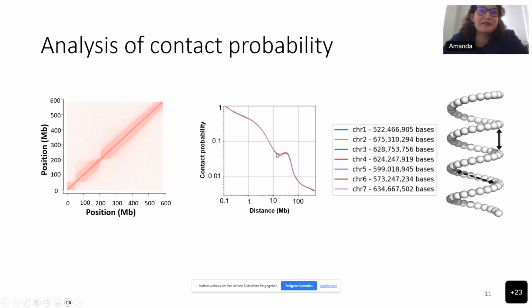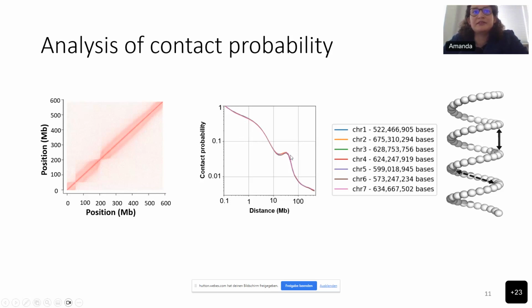We would see a pattern like this. So if you take the average along all the chromosome, we see high intensity at the beginning, corresponding to the strong signal at the diagonal, and then it decays. And this is where we see a lighter signal in between diagonals, and then we call this a bump.